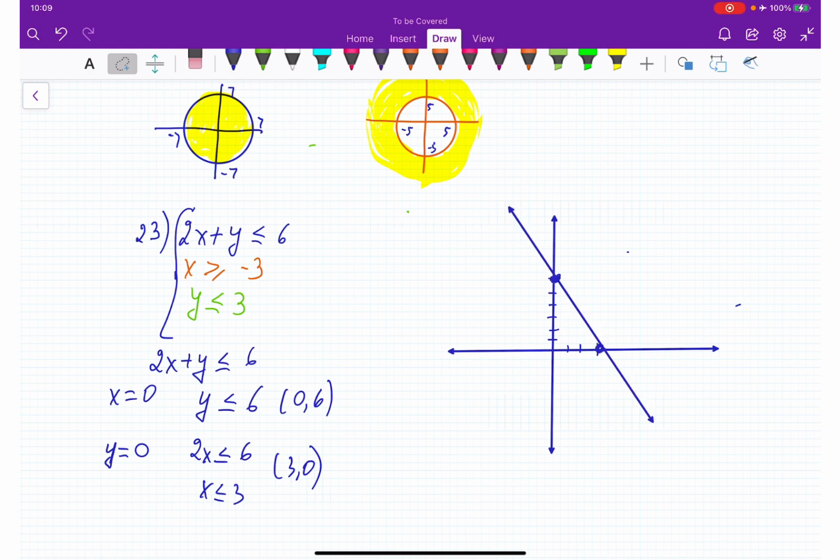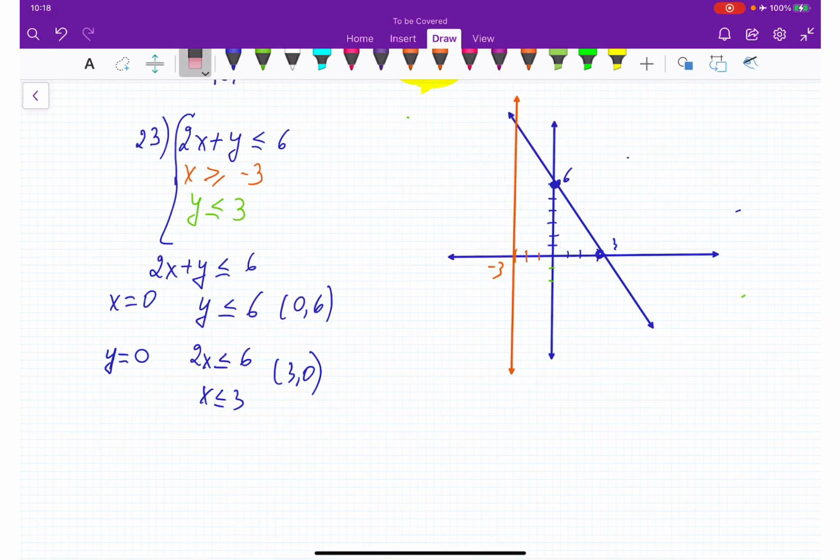So this is 6, this is 3. Next, moving to brown color, x is equal to negative 3. 1, 2, 3, negative 3. And it's going to be a vertical line. Yes? And now we draw the green inequality. 1, 2, 3, here it is. It's y less than or equal to 3.